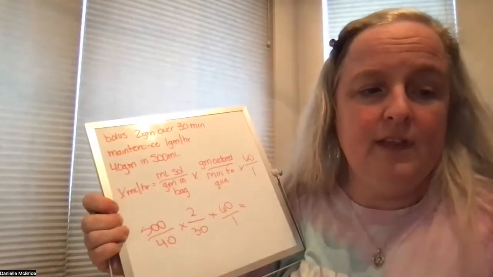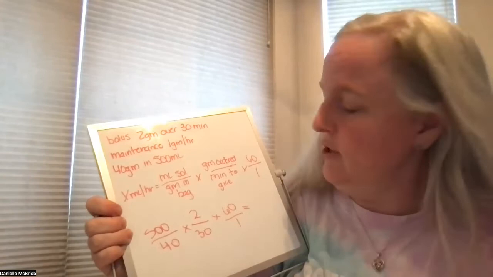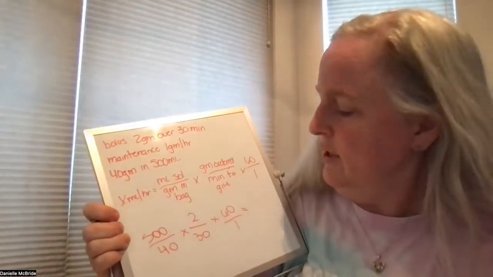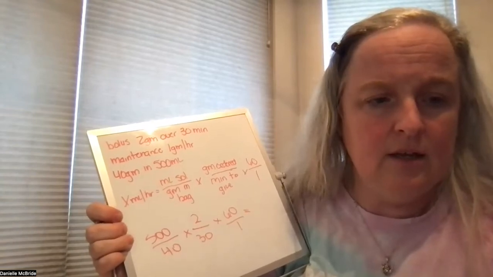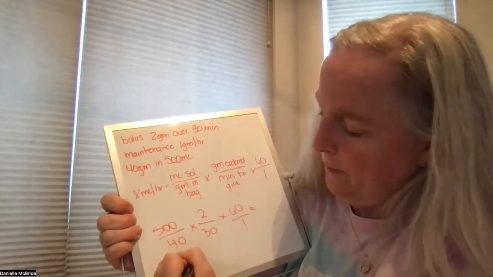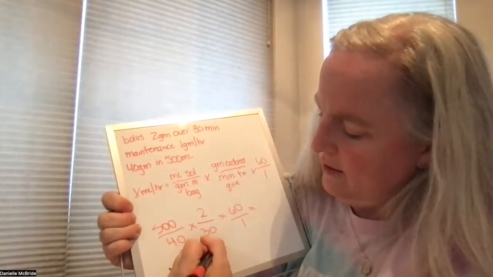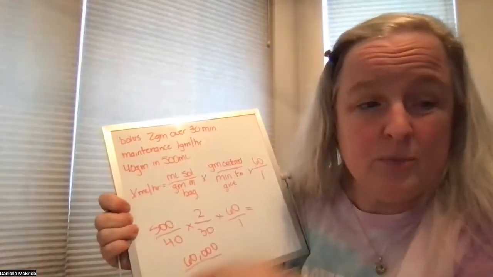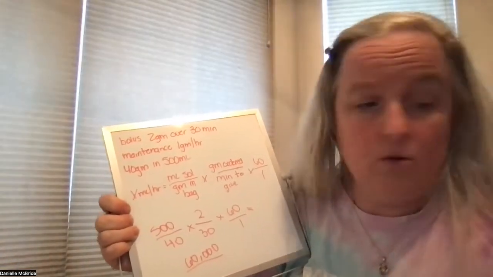So if I solve this out and I just multiply it straight across, I say 500 times 2 times 60, I get 60,000. And you always can cross stuff out and reduce beforehand. I usually don't.